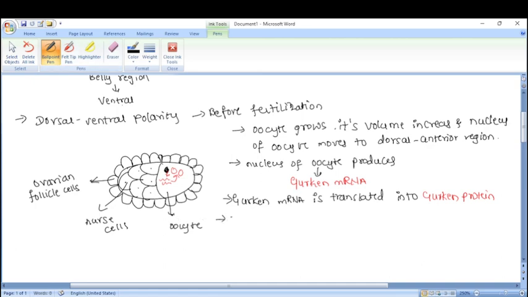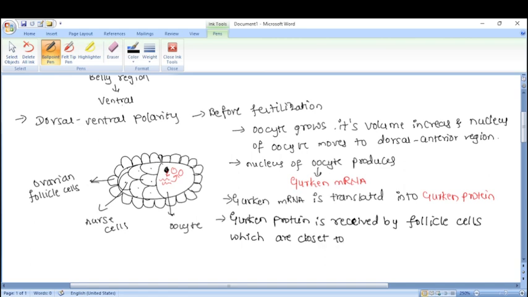Later, gurken protein is received by follicle cells which are closest to the oocyte nucleus.